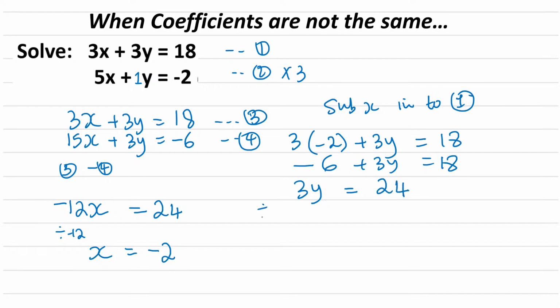So I'm going to divide by 3 both sides, and that will give me y equals 24 divided by 3 is 8. So y is equal to 8. Okay, so in this example, I've only changed one of the equations in order to make it the same.